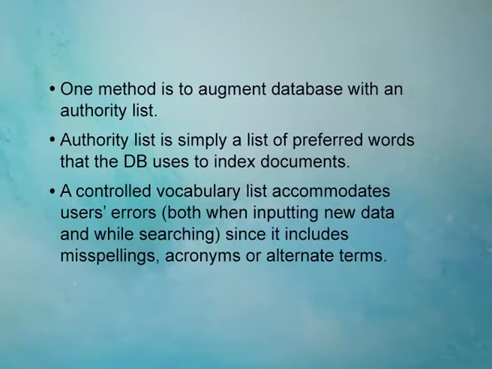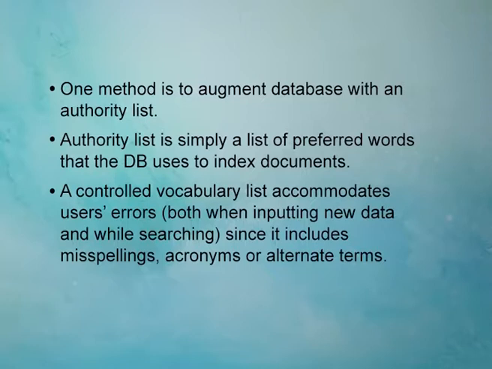So, the authority list is simply a list of preferred words that the DB uses to index documents. Suppose you had presented one abstract. After that particular one or two paragraphs, every researcher will give the keywords. So, in order to fetch that abstract, the relevant keywords augmented in the database under the authority list are the keywords that the user has provided. If any one of the keywords is placed in the search string, obviously that abstract appears.